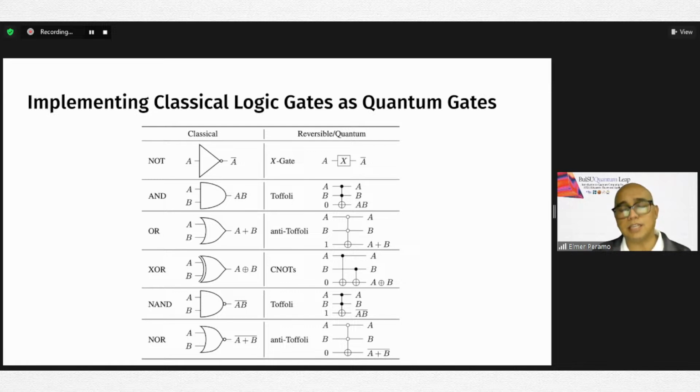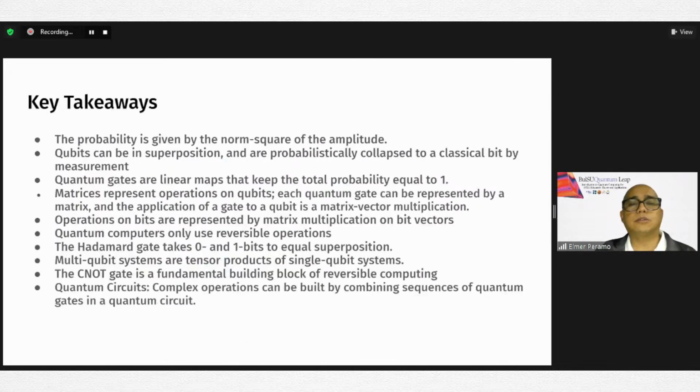We also have the CNOT, which I'm going to discuss next year, the NAND, also a Toffoli gate, the NOR, and then the anti-Toffoli gate. So this is how we compare the different logic gates from the classical computing and the quantum computing world. So, okay, key takeaways.